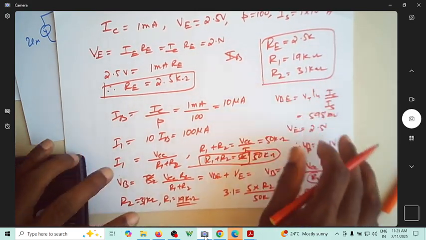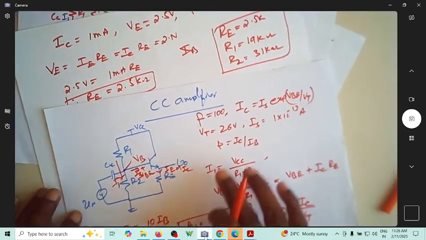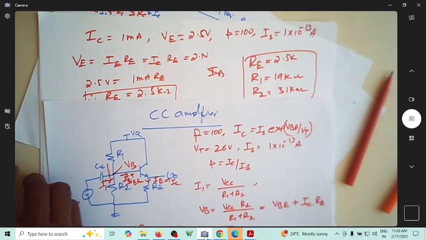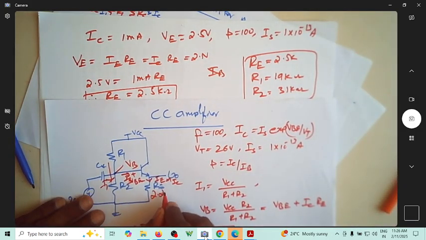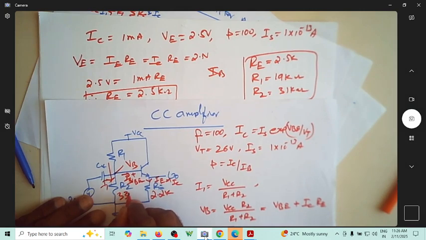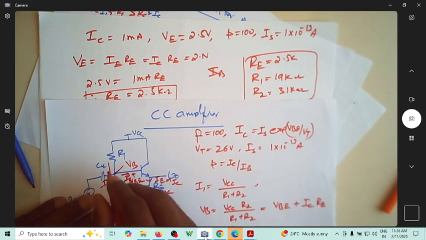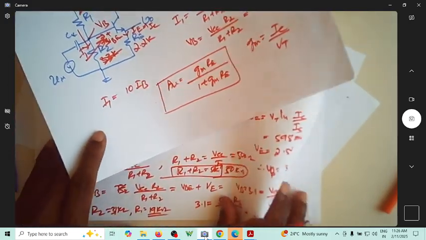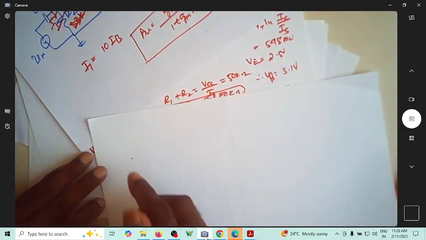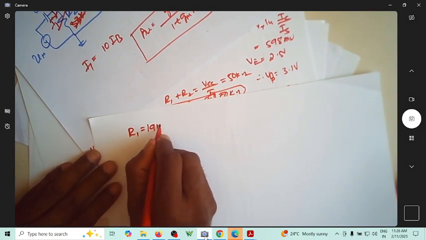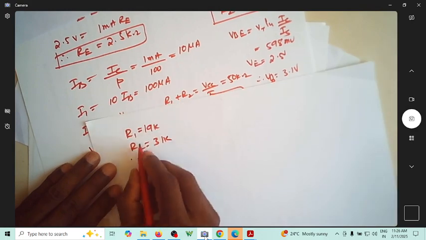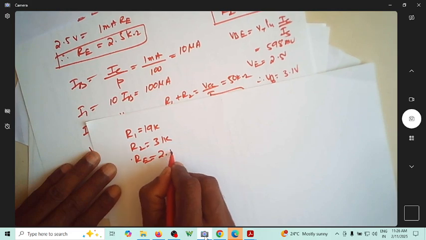These are the values that you obtained using the equations, but while using it in the circuit diagram, we end up with R1 as 19k, R2 as 31k, and RE as 2.5k.